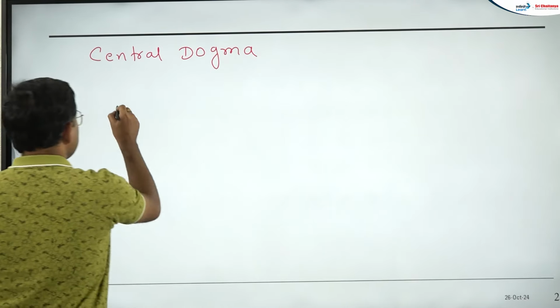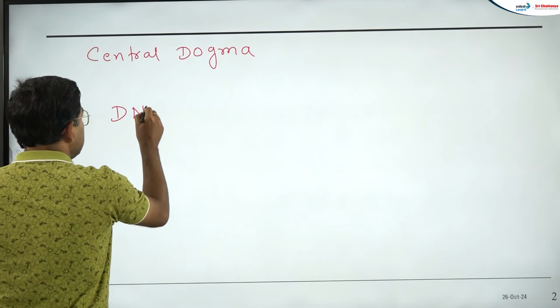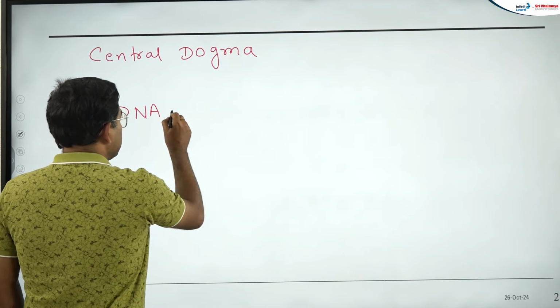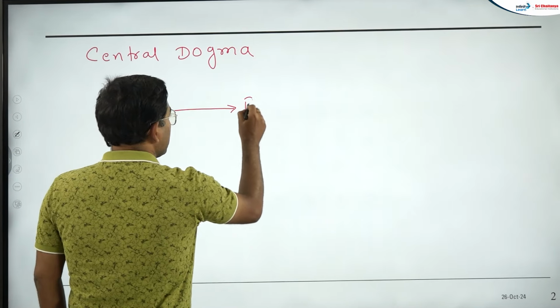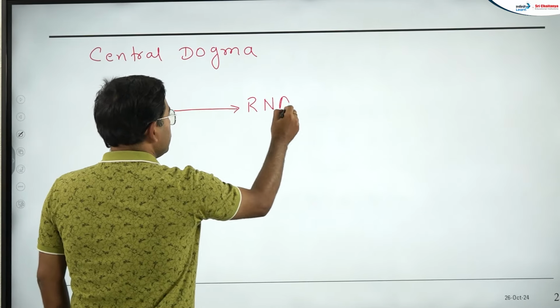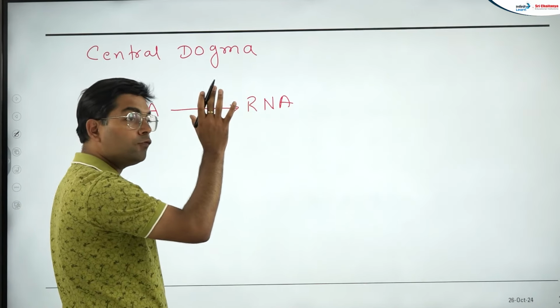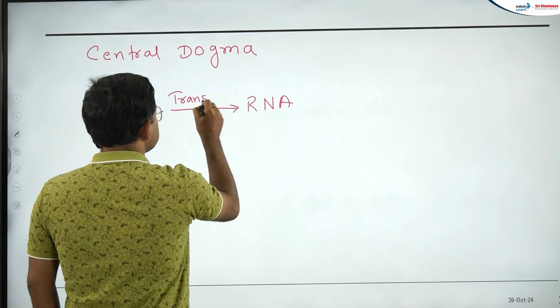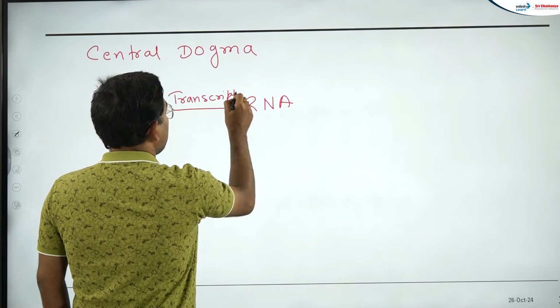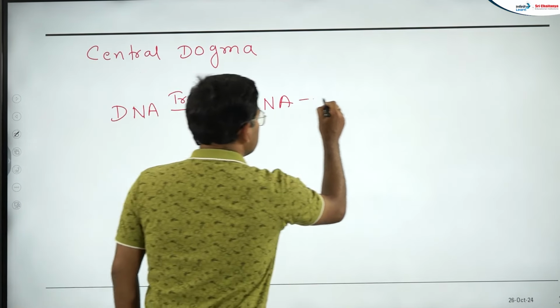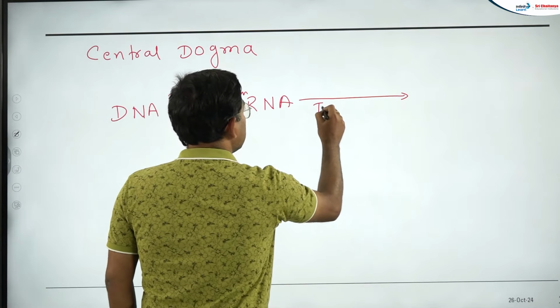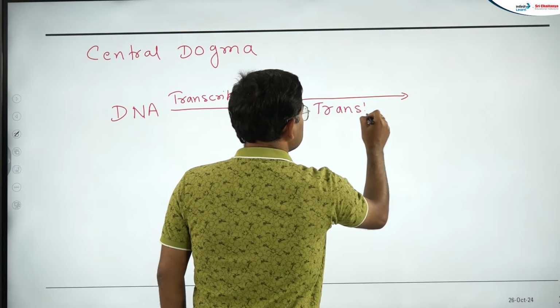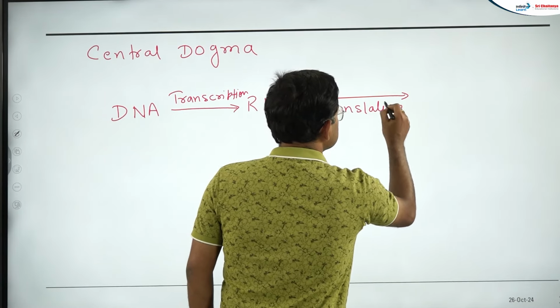So central dogma basically is that DNA will get converted into RNA, or from DNA RNA is formed through the process called transcription, and from RNA through the process of translation protein is formed.